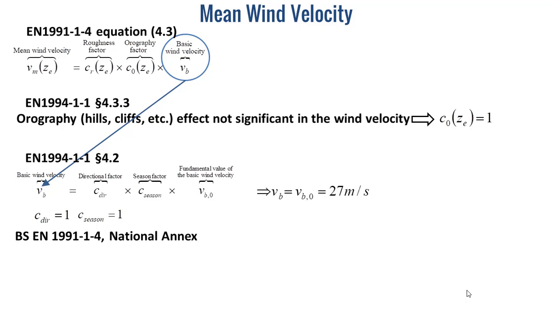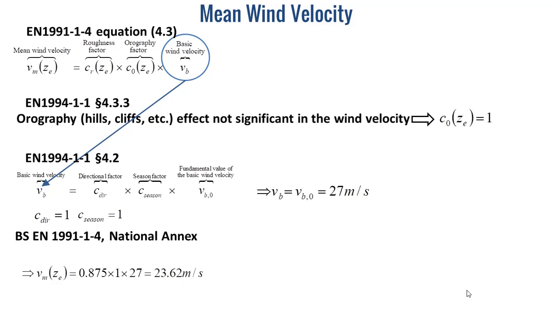So finally, this basic wind velocity VB will be equal to the fundamental value of the basic wind velocity VB0 as 27 meter per second. If we apply now numerically the formula of the mean wind velocity Vm, we will obtain finally 23.62 meter per second.